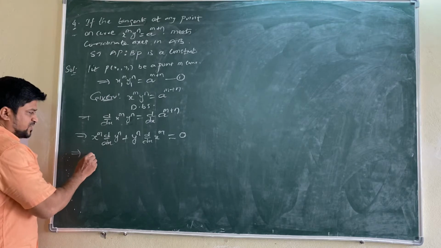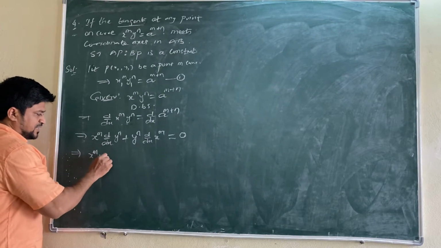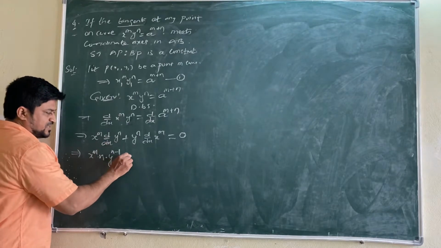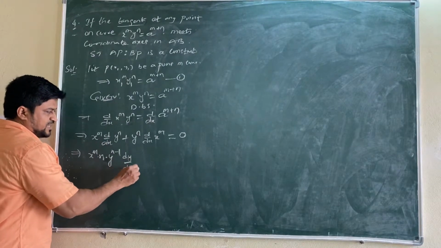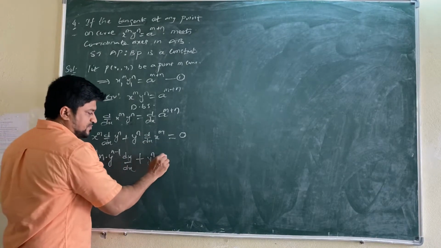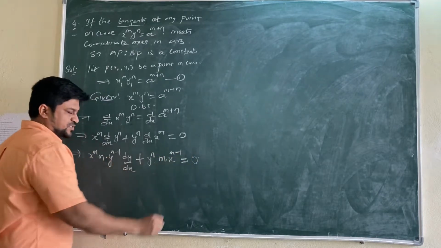Here x^m into the derivative of y^n, into y^(n-1). Because we are differentiating y, we will get dy by dx. Plus y^n into the derivative of x^m, that is m x^(m-1), equals 0.